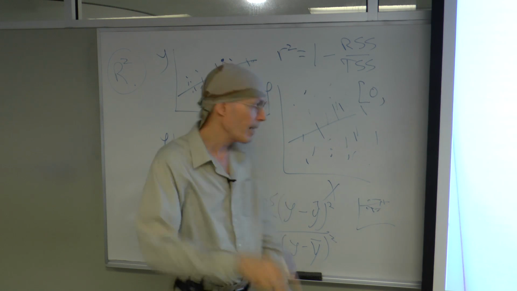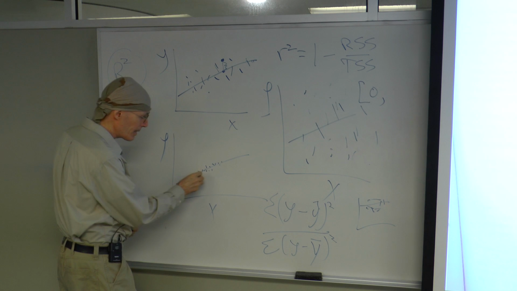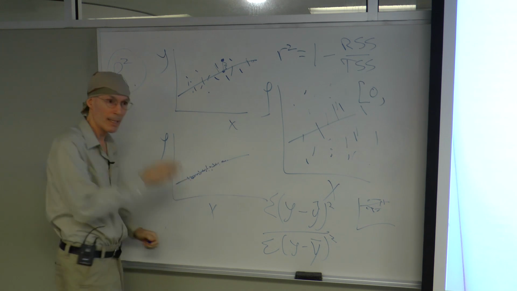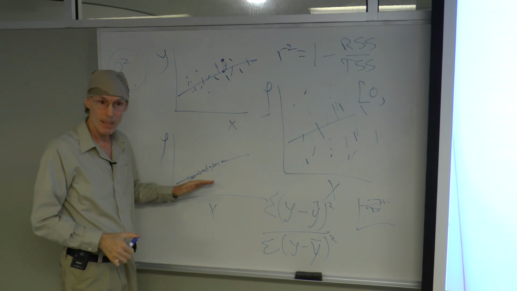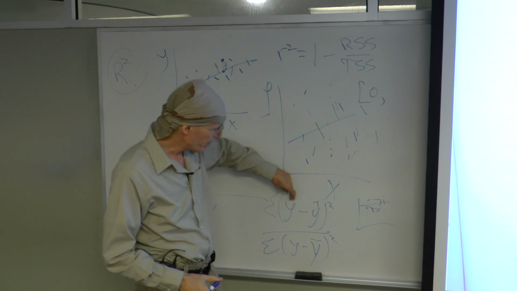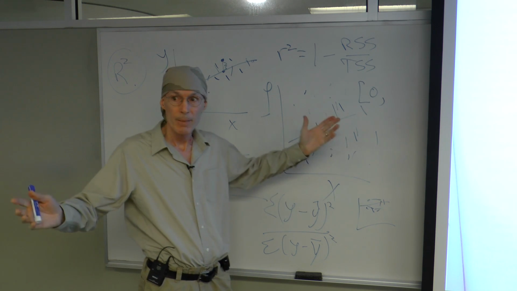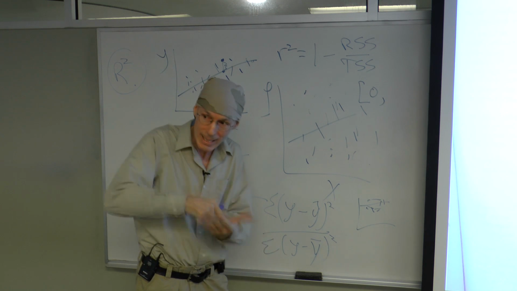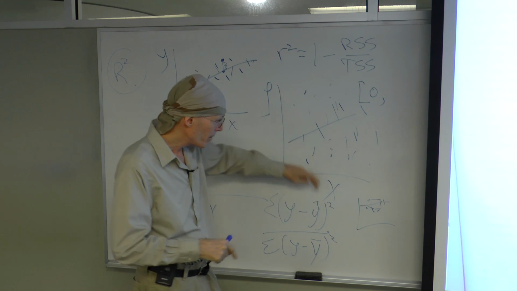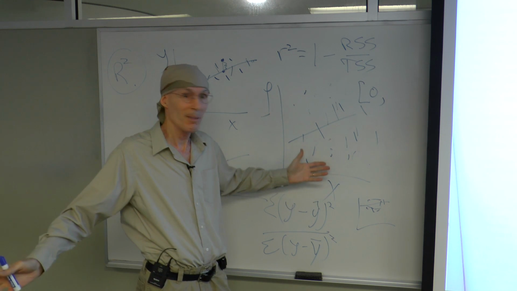What, on the other hand, if the regression line predicts perfectly and all the dots line up on the regression line exactly? What's the difference between y and the y hat? 0. There's no difference.